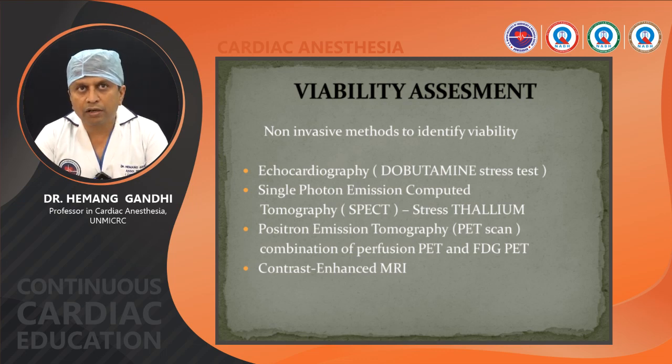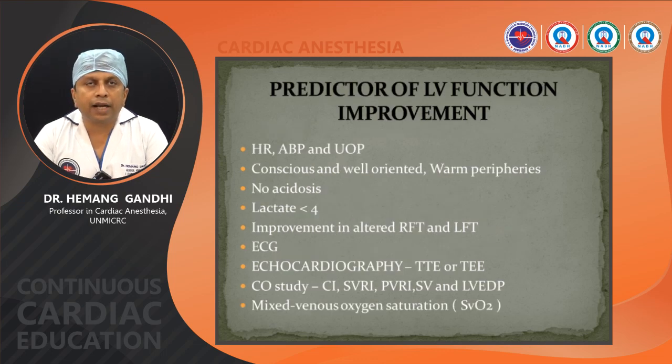You can go for any one of these and find out how viable the myocardium is, specifically when you are encountering an akinetic or dyskinetic myocardial wall. These are the predictors of LV function improvement.